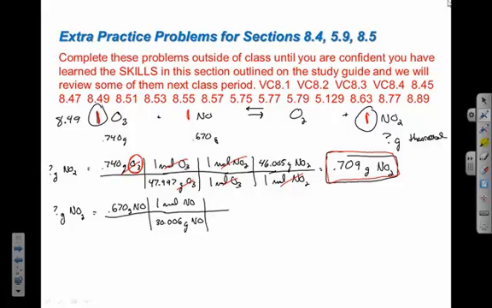Again, looking at the balanced reaction, it happens to be a 1-to-1 ratio again. And then the last step is the same because I want to convert from moles of NO2 to grams of NO2. So following the math through on this one, I find that I have enough of this reactant to make up to 1.03 grams of NO2.